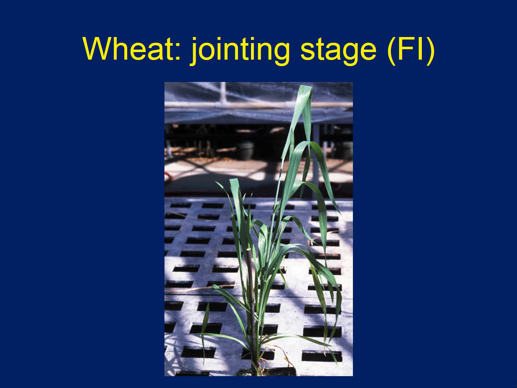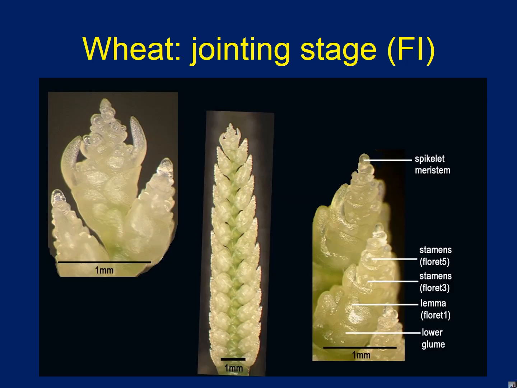We said that at flower initiation we have a small microscopic structure in the plant that will become the reproductive organ. That occurs at the jointing stage in the case of wheat, where we already have stem growth. And inside the plant we see a structure like this one.